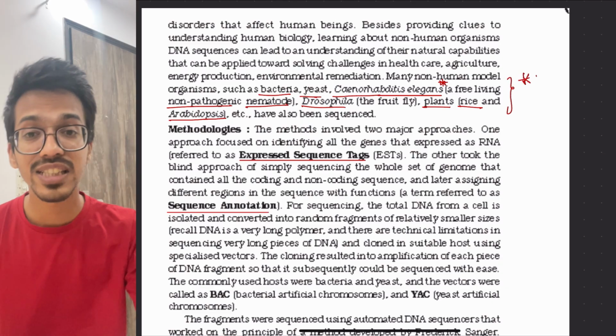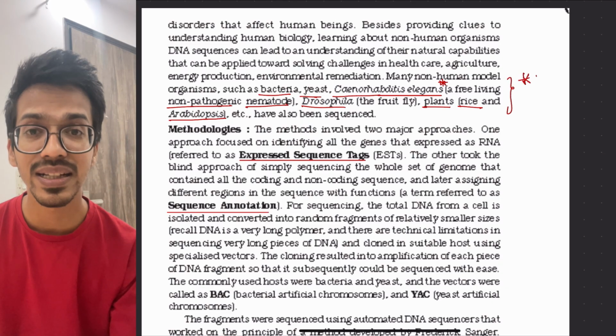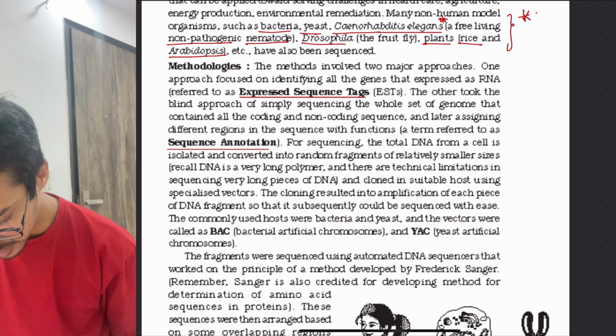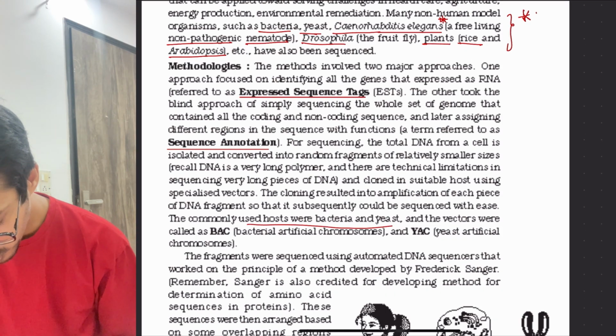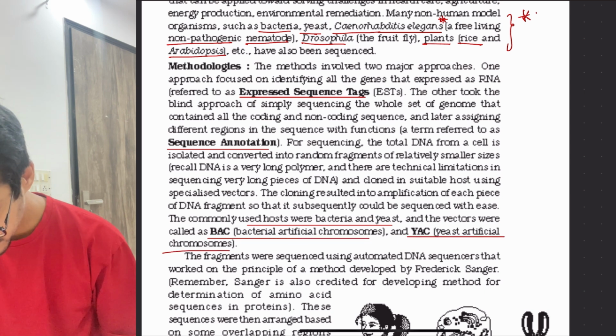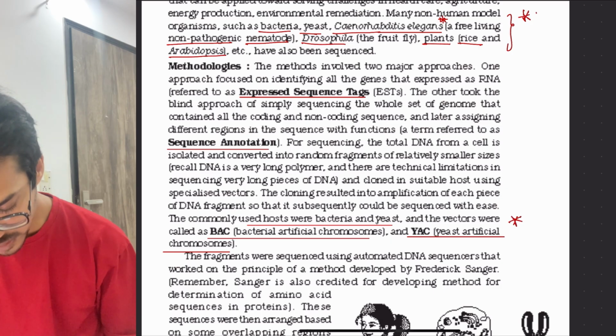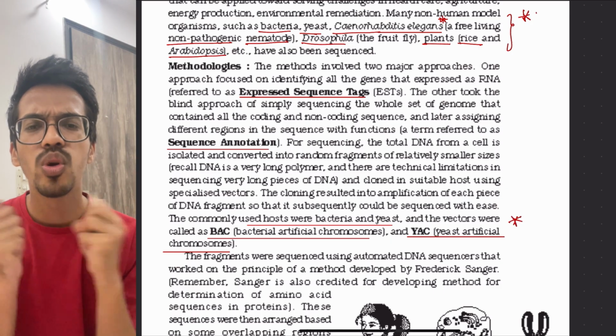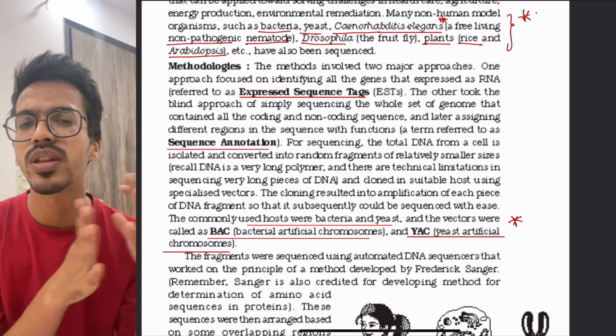How are they expressing that part? They are using bacteria culture or yeast culture. Commonly used hosts are bacteria and yeast. We will learn this whole process in much more detail in biotech.